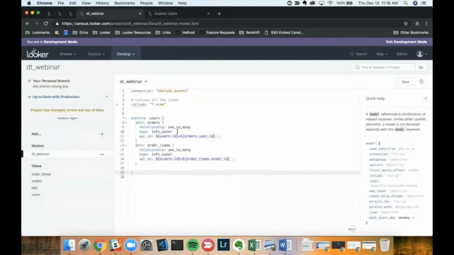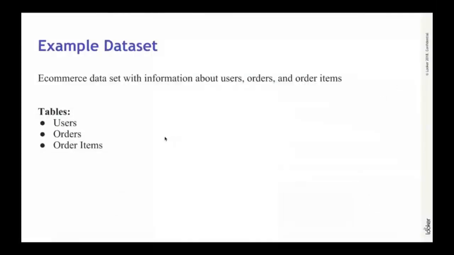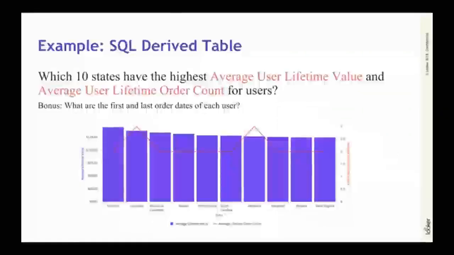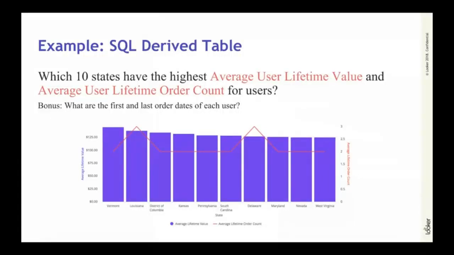So let's see an example of a question that we can answer that will require the use of a derived table. So here, the question that I'm going to pose here is, which 10 states in the US have the highest average user lifetime value and average user lifetime order count for their users?